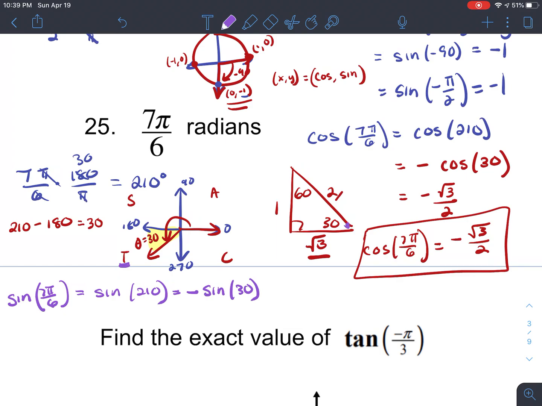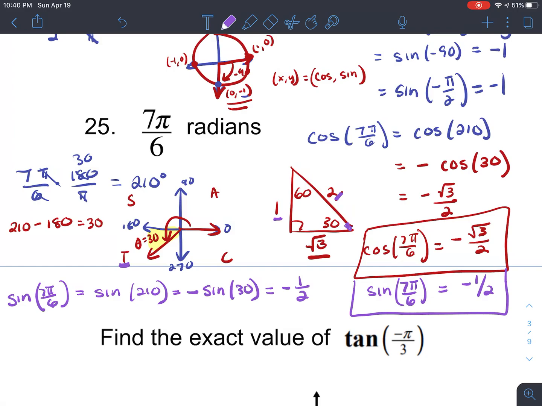Looking at my reference triangle, sine is opposite over hypotenuse, so negative 1/2. So what's my final answer? Sine of 7 pi over 6 is equal to negative 1/2.